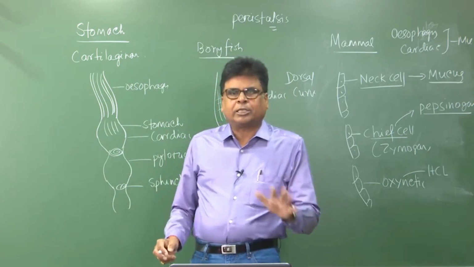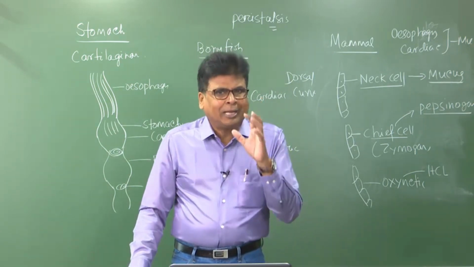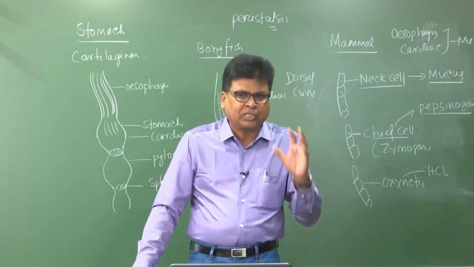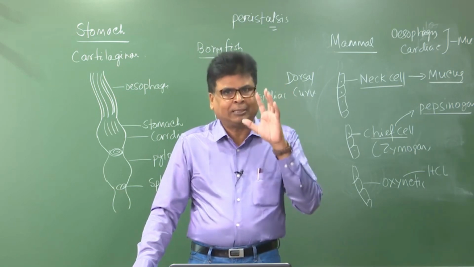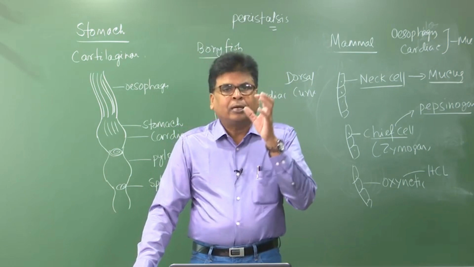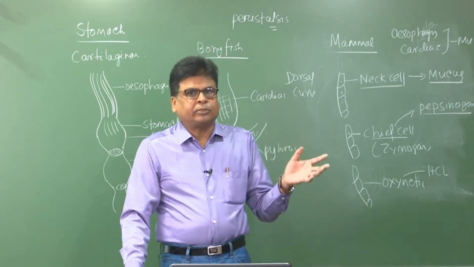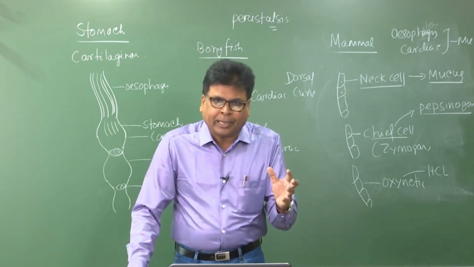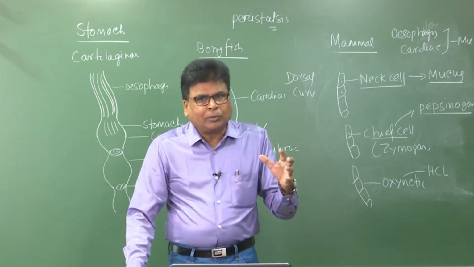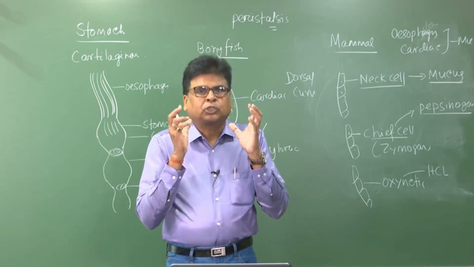From this it is concluded that the stomach is responsible for partial digestion of the food material, because pepsinogen is an enzyme which can digest the protein part of the food. The oxyntic cell secretes acid that can kill bacteria. Mucus mixes the food material to make a pasty solution.